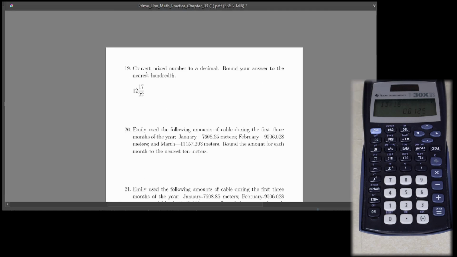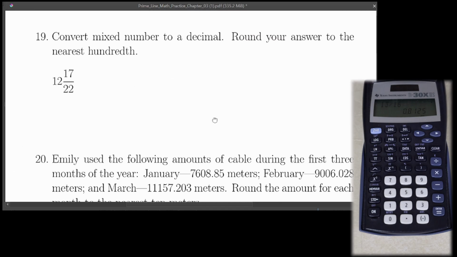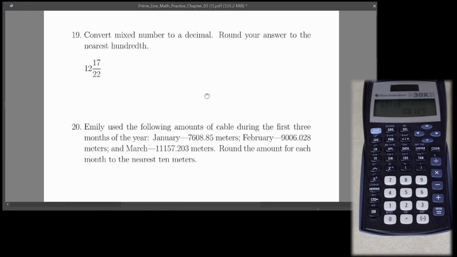All right, we get into some of our last sets of problems here. They want us to convert the mixed number to a decimal and round to the nearest hundredth.